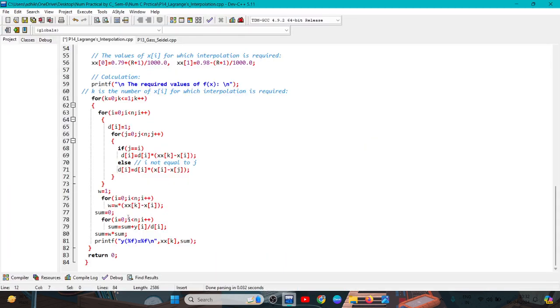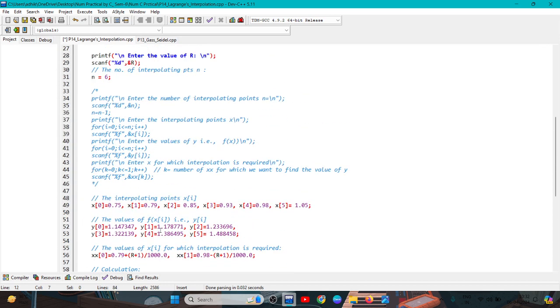So we get w(x) into sum, the value of y for the value of x. For k equals 0, that is for x0, we get the first value of x and the value of y, and when k equals 1, for this x1, you will get the value of f(x).